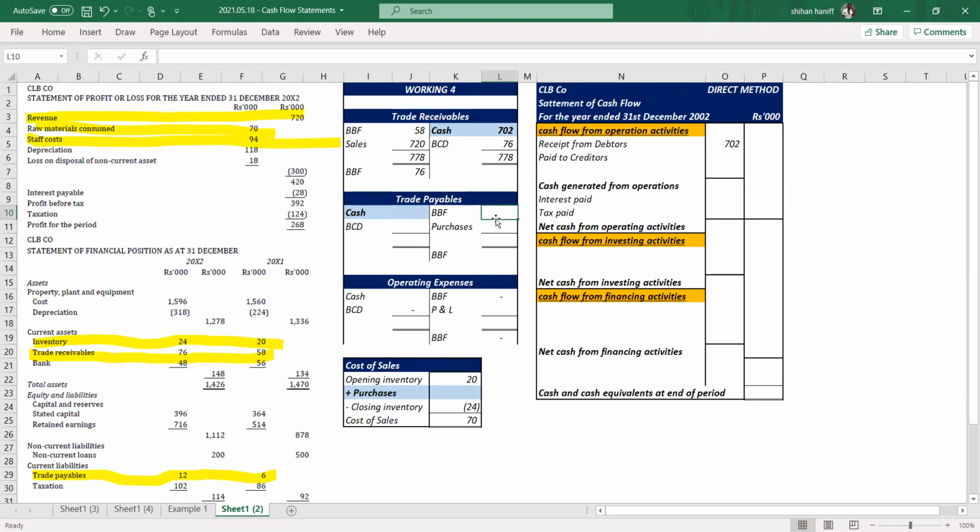Payables, opening 6, closing 12. Now purchases also not given. You have to find out from this. Purchases will be 74.